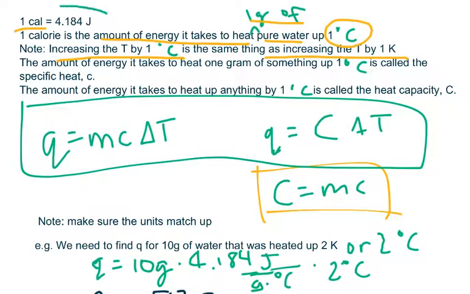So now I have one question for you. Is 4.184, which is equal to 1 calorie, an exact number or an approximation? Well, let's think about this. 1 calorie is the exact amount of energy it takes to heat up 1 gram of pure water by 1 degree Celsius. But when we measure the amount of energy it takes to heat up 1 gram of water, we are measuring it using tools.